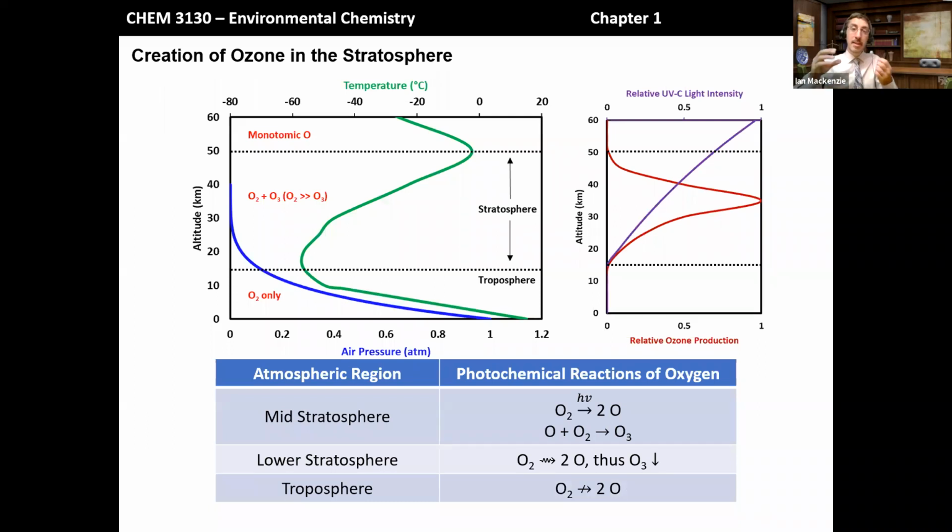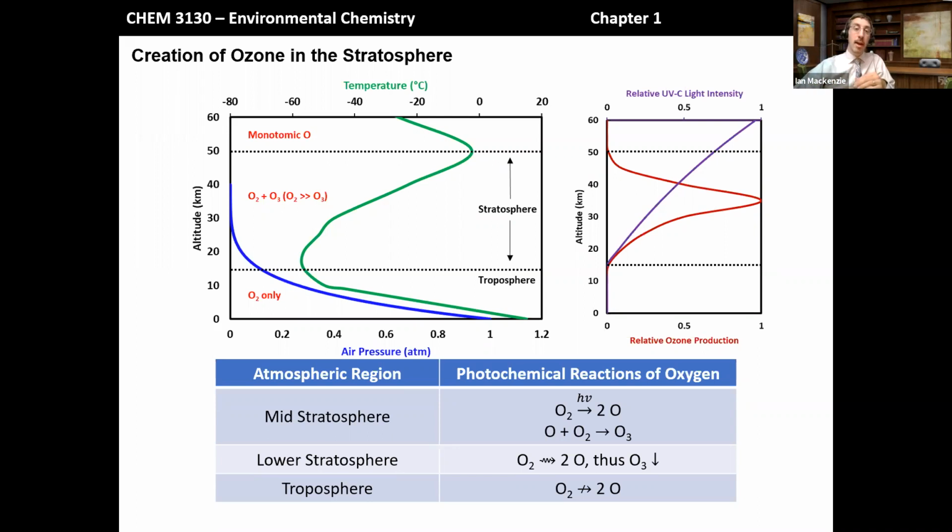However, as we hit the mid-stratosphere, the UVC light intensity has dropped off enough by filtering from the regions above, to the point where we have less dissociation of O2 occurring, and additionally we have a greater air pressure, so there are more O2 molecules around. We still have a sizable amount of photochemical dissociation of O2 into individual oxygen atoms, but those oxygen atoms are now more likely to find an O2 molecule before they run into each other.